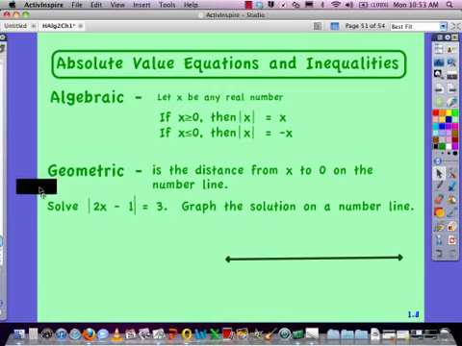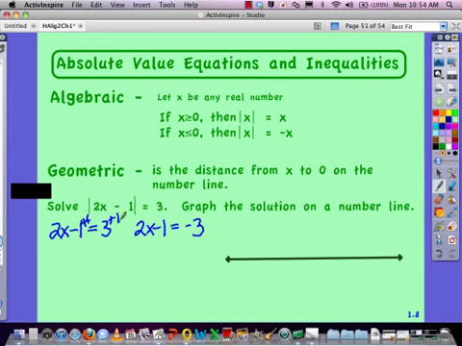So if what's underneath here could be equal to 3, that means 2x minus 1 could be equal to 3. But I also said that 2x minus 1 could be equal to -3. So we're really getting two possibilities to make this true. So you solve both of those equations.